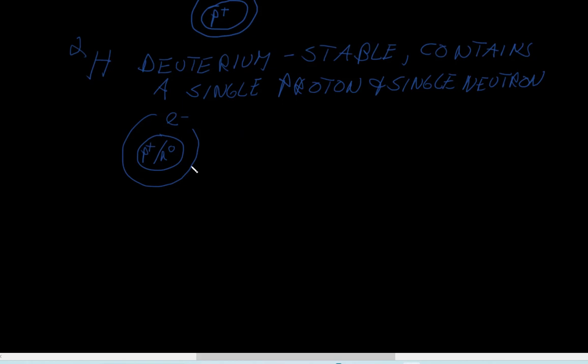The other famous heavy isotope of hydrogen has an atomic mass of 3, and it's referred to as tritium. This one is radioactive.